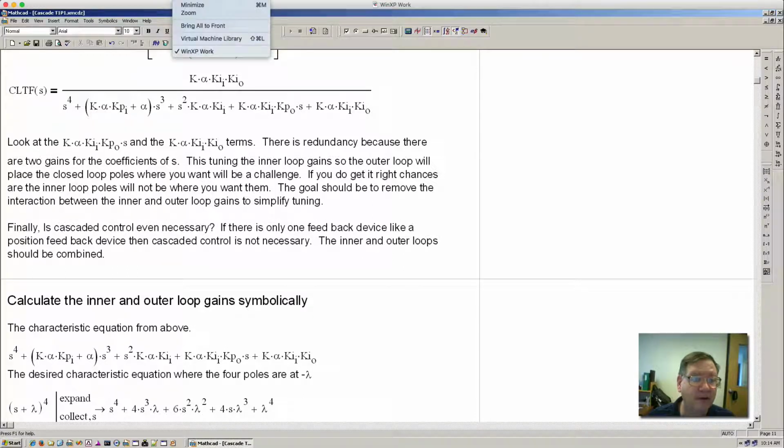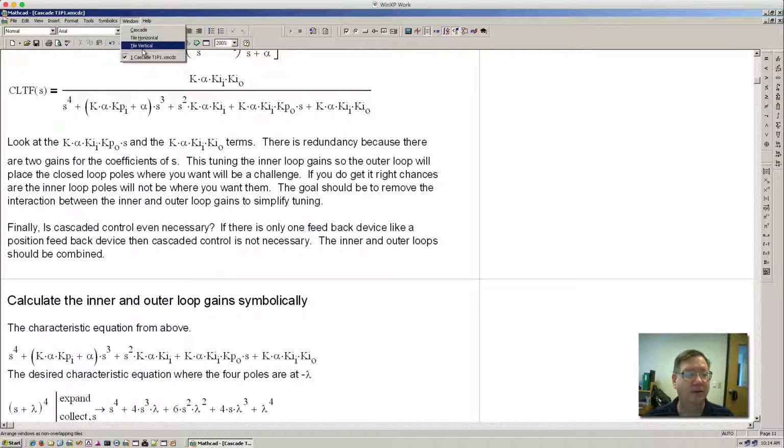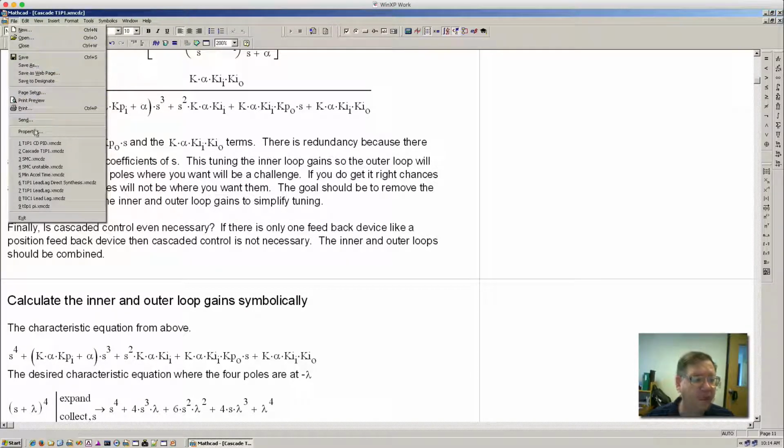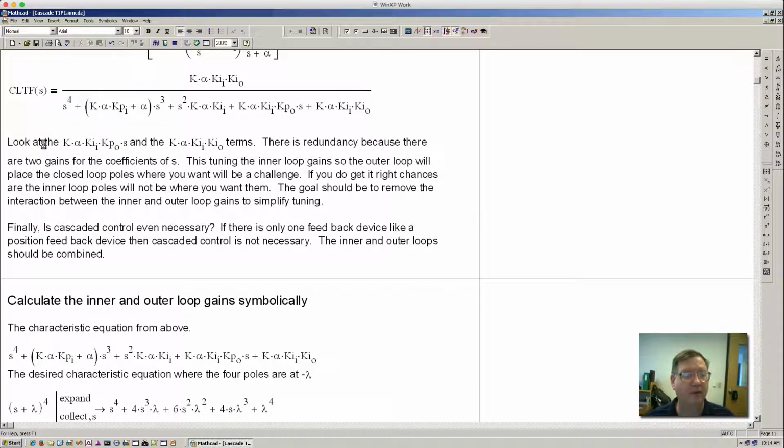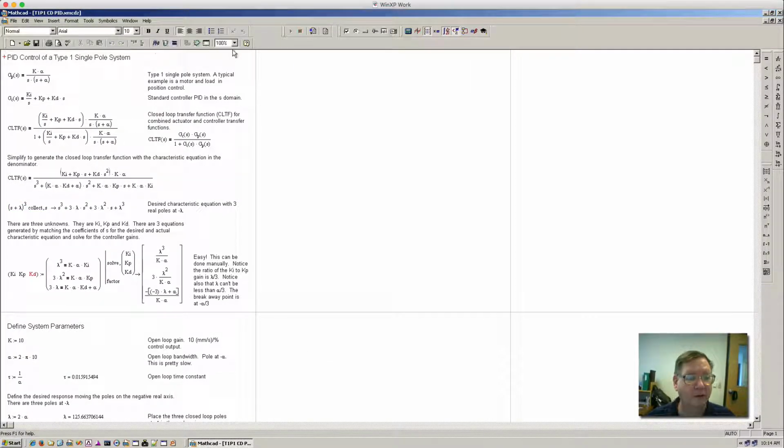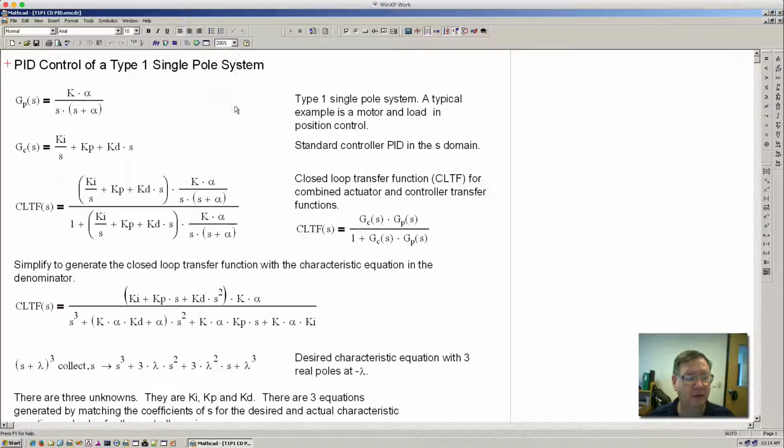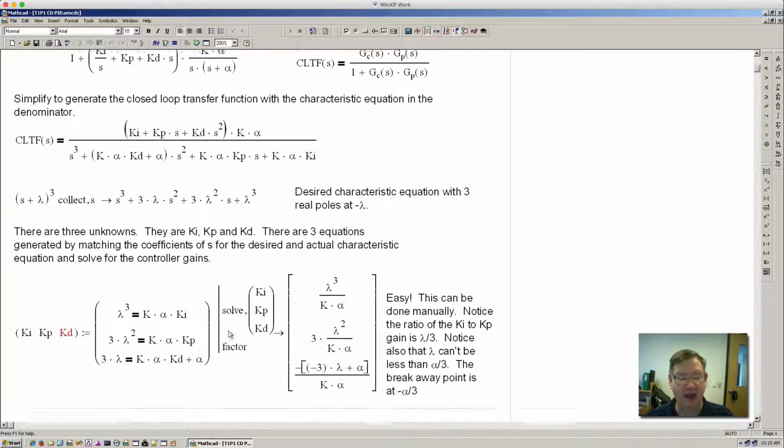Let's see, window, make this big. You see, this is the same plant, but after I go through the procedure, I have a third order characteristic equation, and the calculations are quite simple for the PID gains.